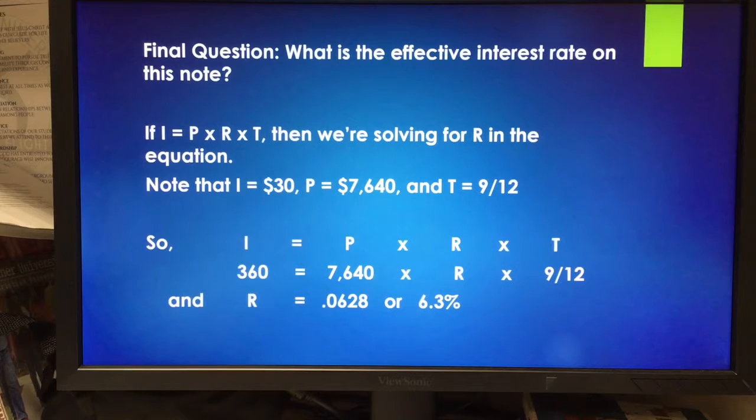It received, in quotes, $7,640, and of course that interest was calculated for 9 months, 9/12 of a year. Then actually the rate of interest on that loan was 6.3%. So it's something for us to recognize here, and we'll have more to say about that in class.